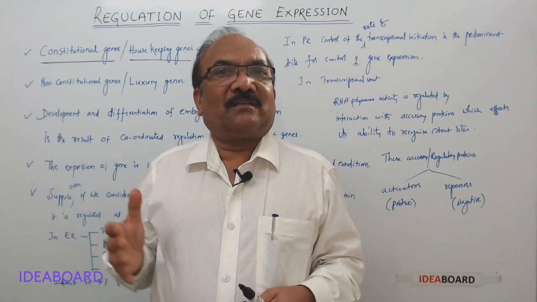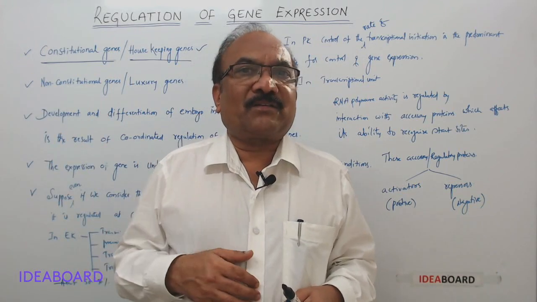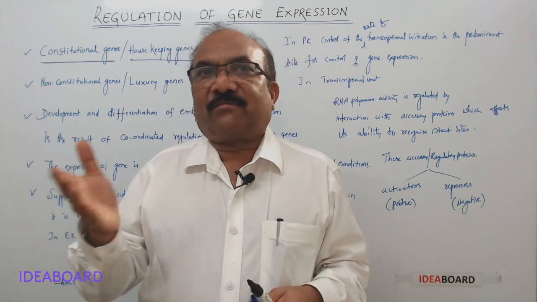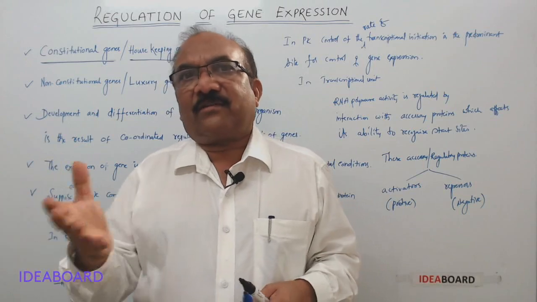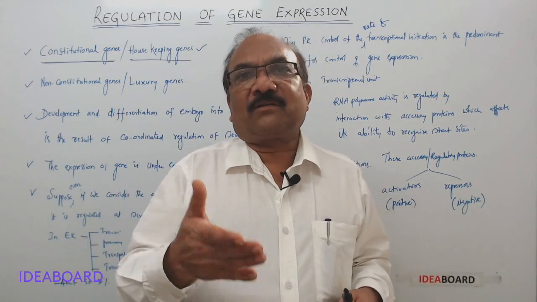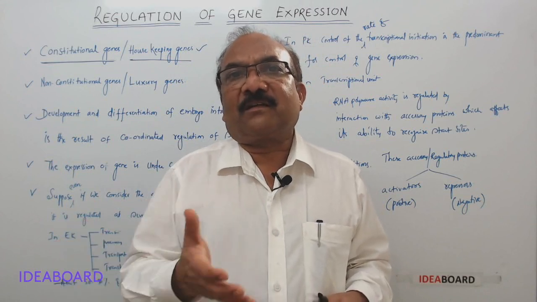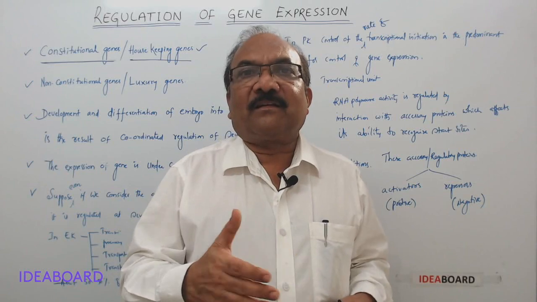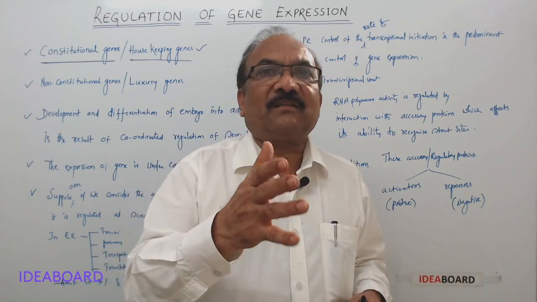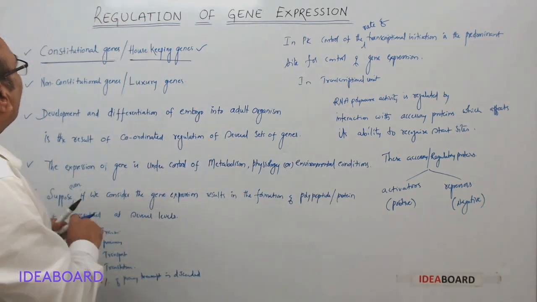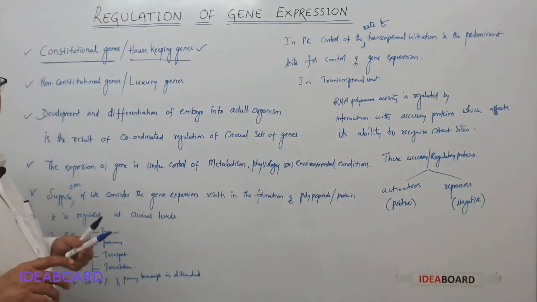So the genes required for glycolysis, the link reaction and the Krebs cycle are regularly expressed, these enzymes are regularly produced in the cell, and that's why our respiratory activity takes place regularly. That is the best example of constitutional genes.